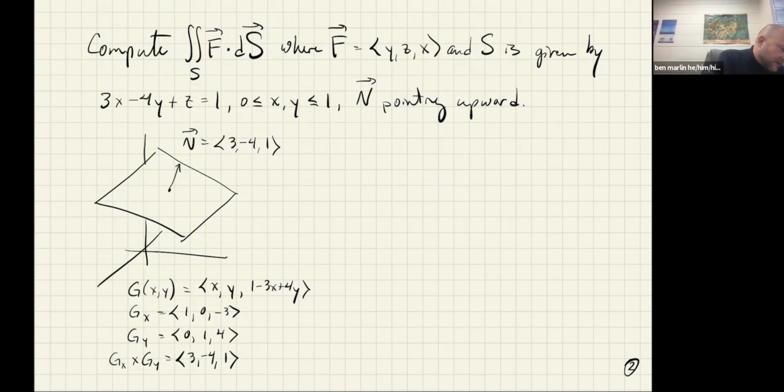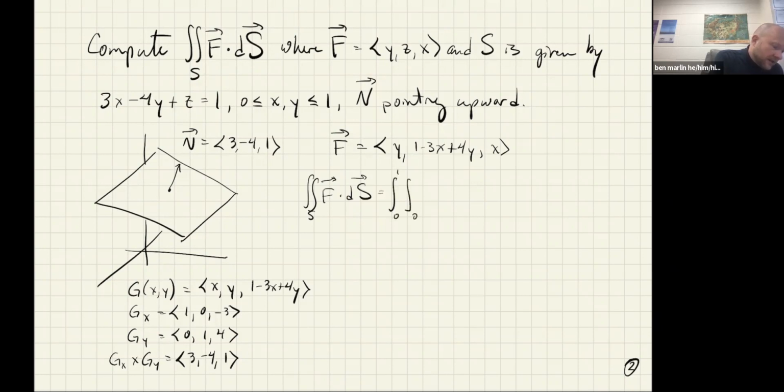Since our f vector would have the y, and then the z, the 1 minus 3x plus 4y, and then the x being just the x, then our integral for the surface f dot ds vector will be integral.